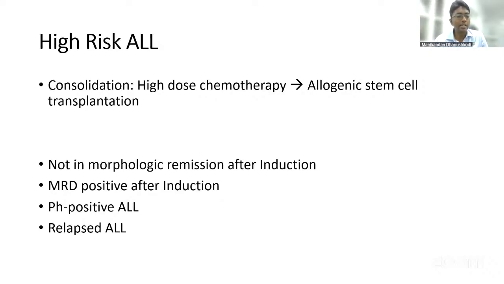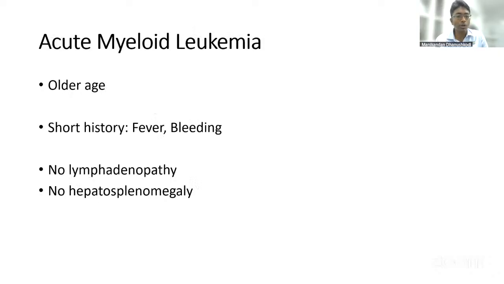And there are certain types called Ph-positive ALL, where the BCR-ABL gene is mutated just like in CML. These patients have a high risk of relapse and need consolidation high-dose chemotherapy. And all leukemias that have relapsed have to be consolidated with bone marrow transplant for a long-term cure.